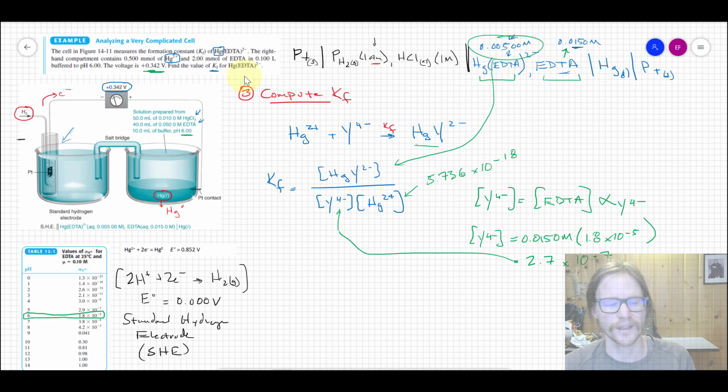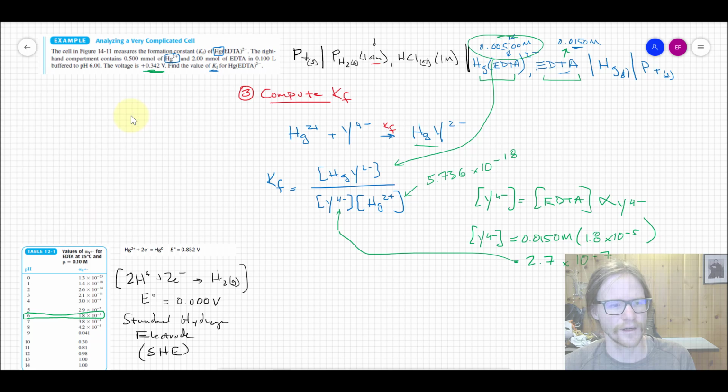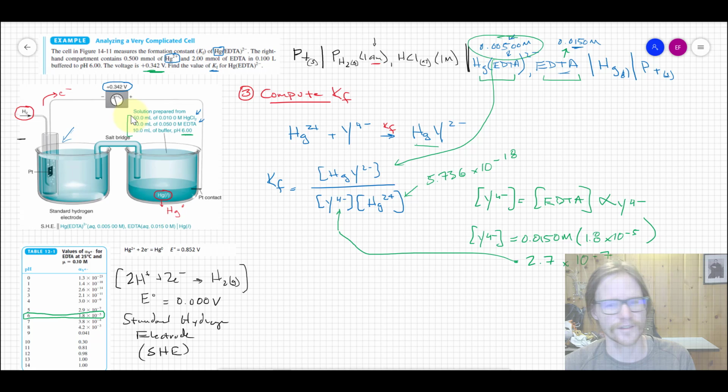We could have computed that too if they didn't give it to us, based on the solution they gave us and the limiting reagent being mercury. Plug all those values in, and we compute a Kf value of 3 times 10 to the 21st, a really large value.